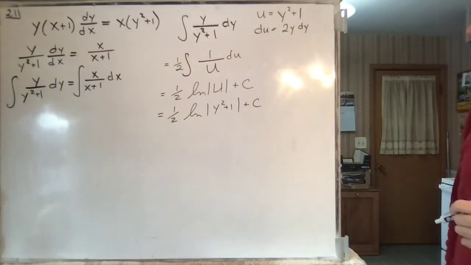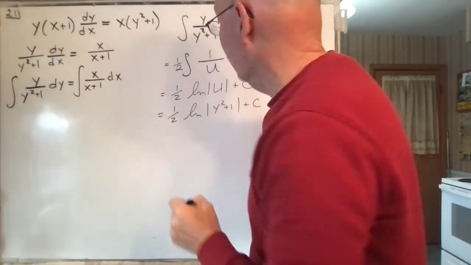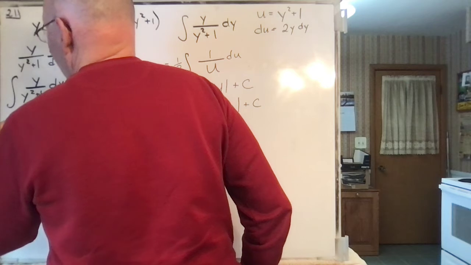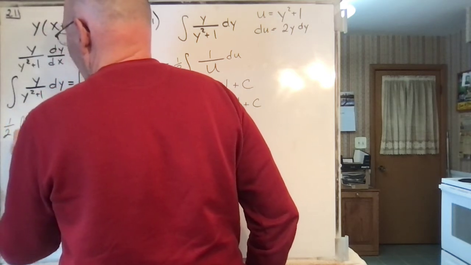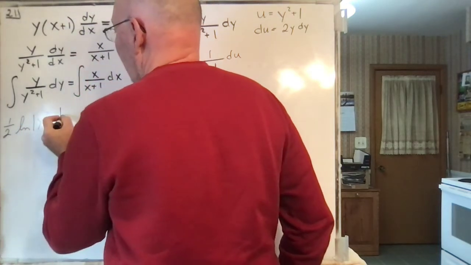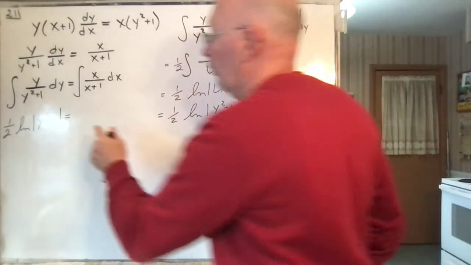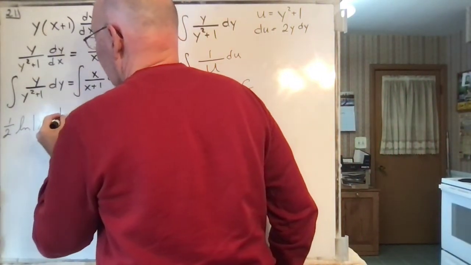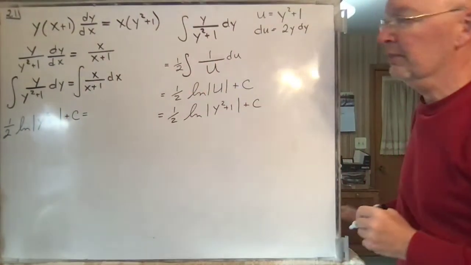So there it is by substitution. So this is going to be 1/2 the ln of the absolute value of y squared plus 1. And I'll leave off the plus c because we're going to have a constant on both sides. Well, I might as well throw it on here, plus c, just to show you.